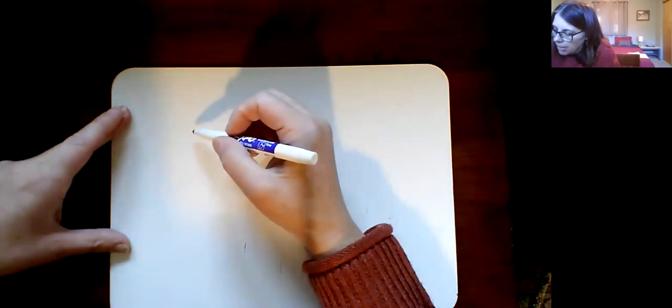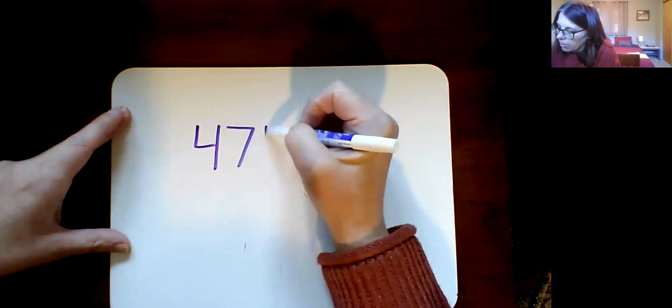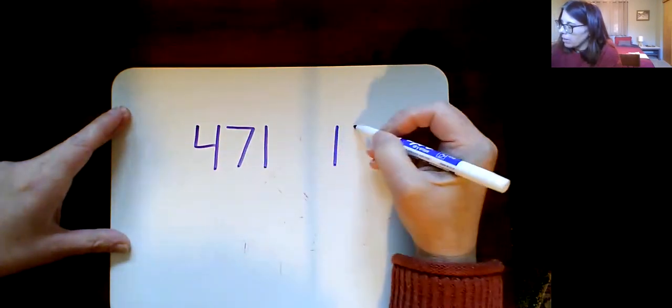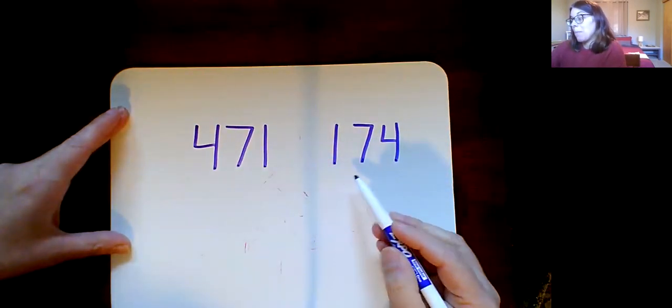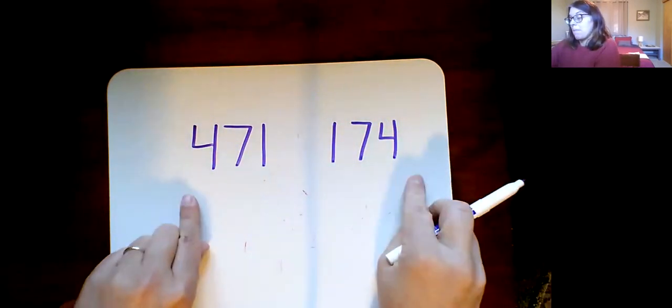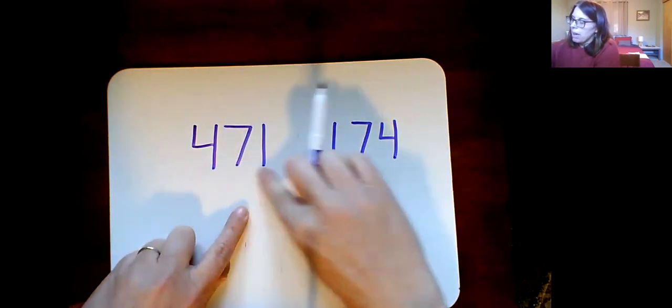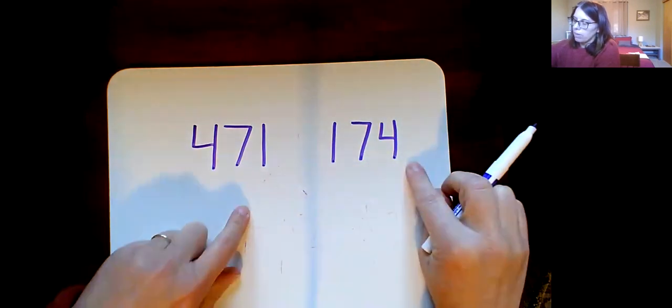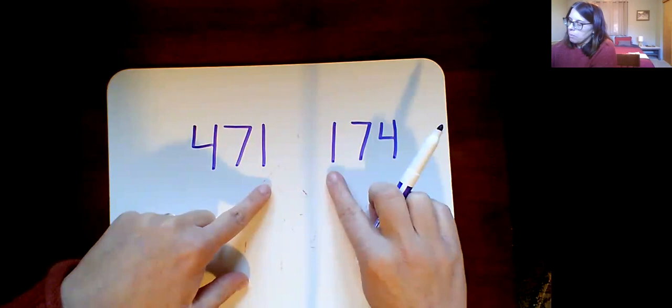You'll see some today that are trying to trick you. Like if you see 471, 174. See how it's the same numbers, just going opposite each other. Make sure you're always reading your number from left to right, okay? These are two different numbers, 471, 174.